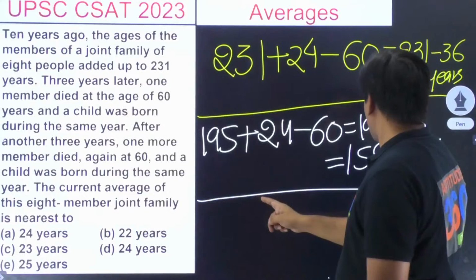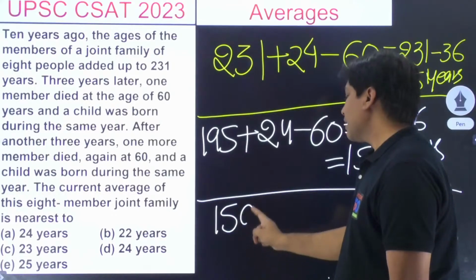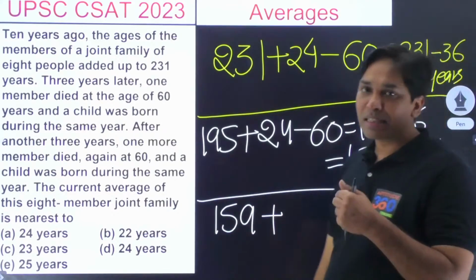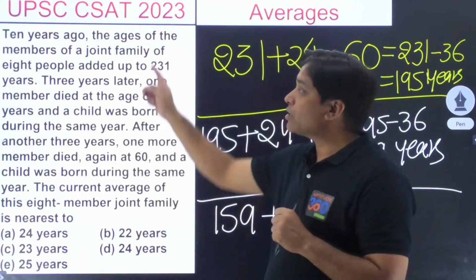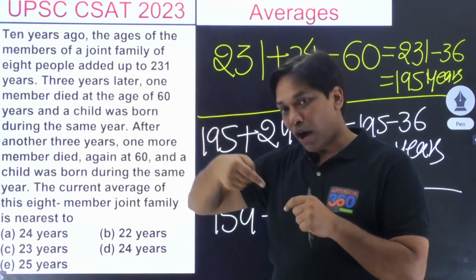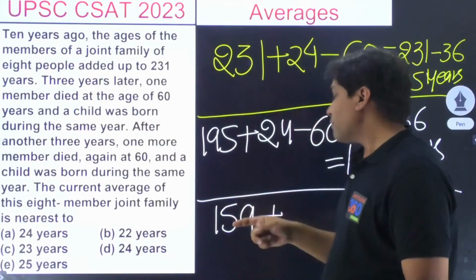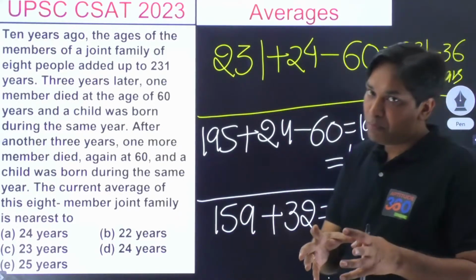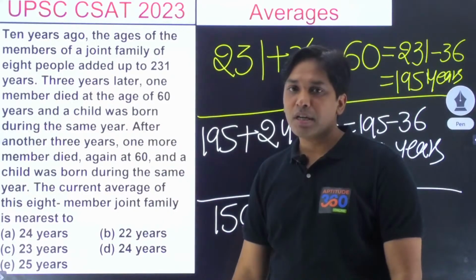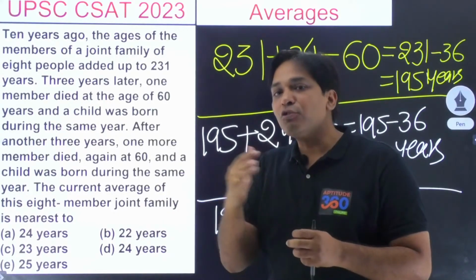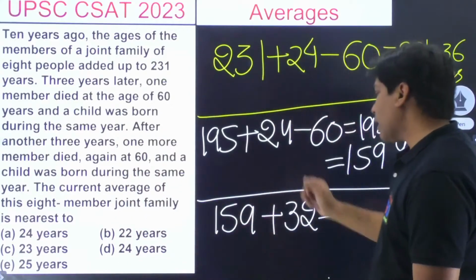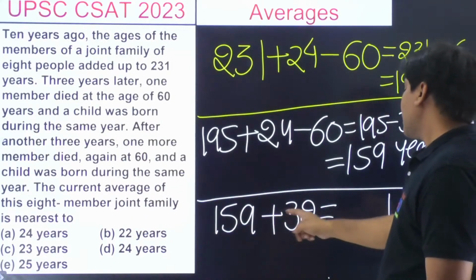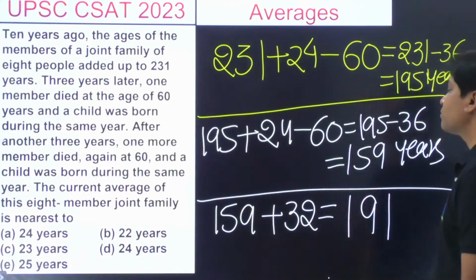Now we have 159, plus 3 years are complete, so 6 years, and the story began 10 years back. So how many years are left? 4, and 4 into 8, everybody's age will be increasing by 4 years. So there are 8 persons, and 8 into 4 is coming out as 32. Now add these, so that is coming out as 191.